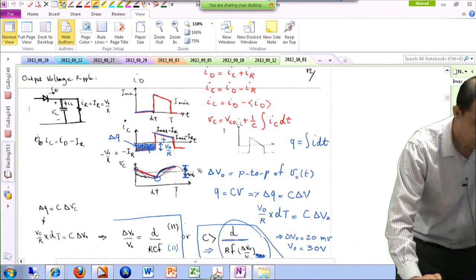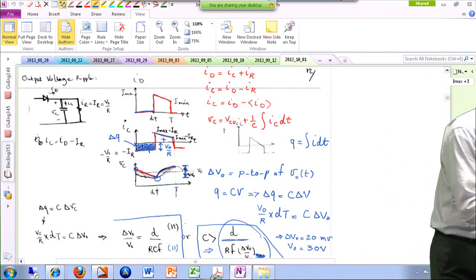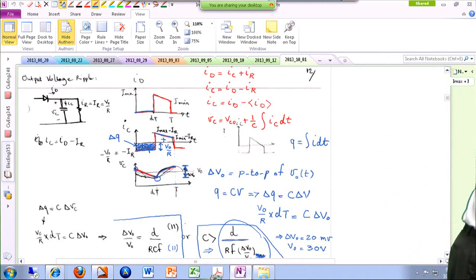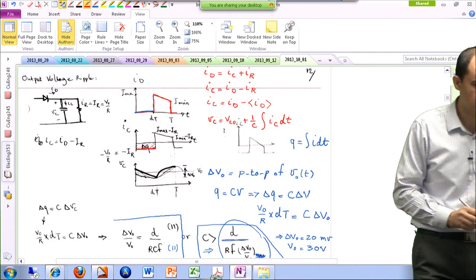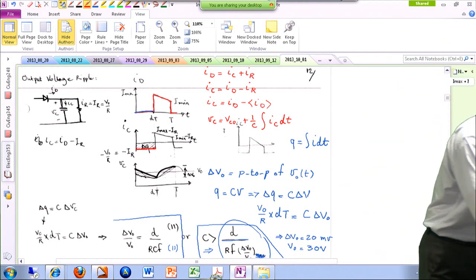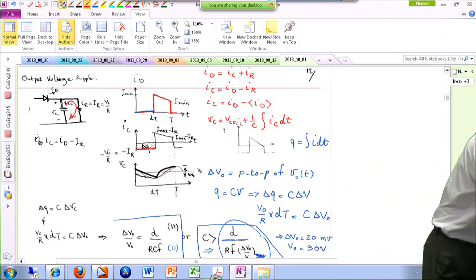So what's happening here is, if you look at the current of the cap. Let's see if I can erase things over here. All right. So if you look at the current of the capacitor, when the switch is on, the diode is off, and therefore this cap is being discharged over here.